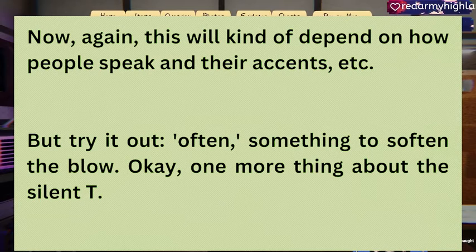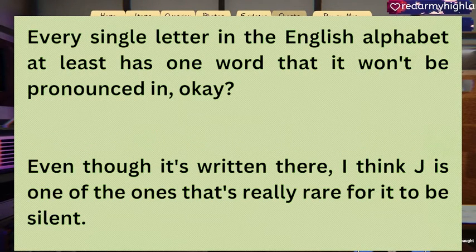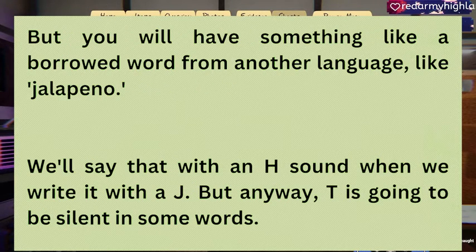Okay, one more thing about the silent T. Every single letter in the English alphabet has at least one word that it won't be pronounced in, okay? Even though it's written there, I think J is one of the ones that's really rare for it to be silent. But you will have something like a borrowed word from another language, like jalapeno.